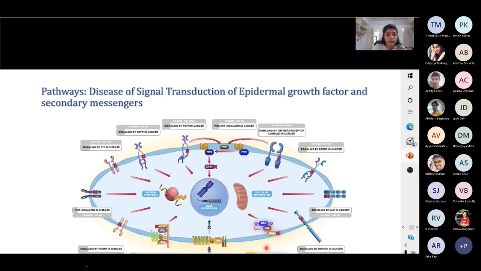But then, according to my choice, I chose the pathway of EGFR, epidermal growth factor, signal transduction pathway, which plays a major role in pituitary cancer.